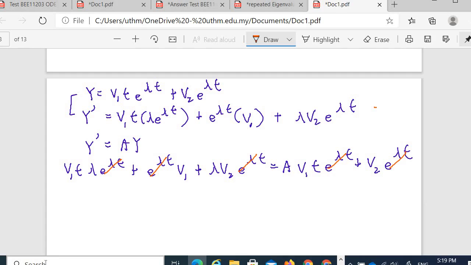And then how are we going to compare? We are going to compare the same terms with v1t. v1t and v1t. This one is v1 only. And then this term.